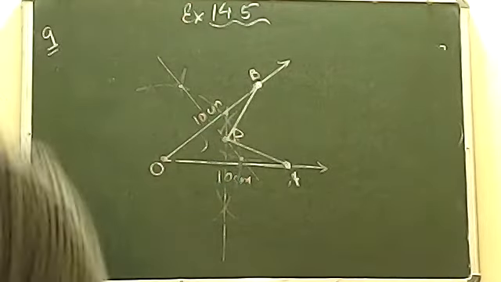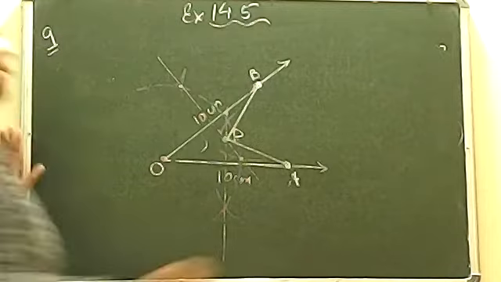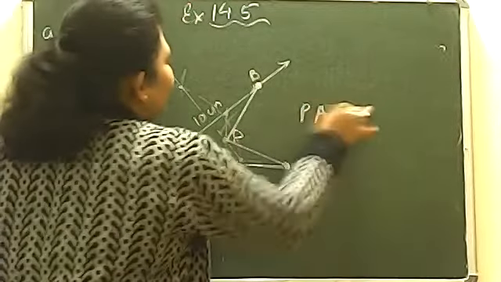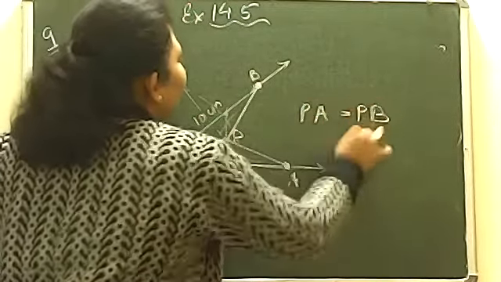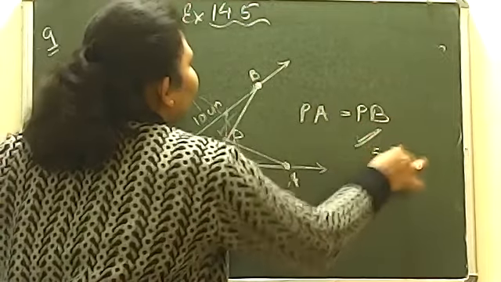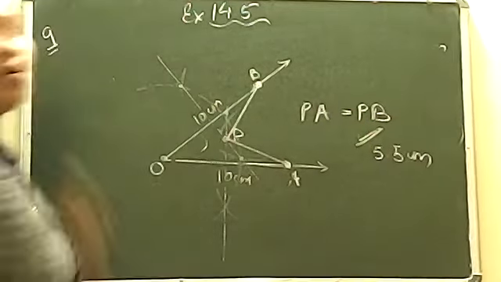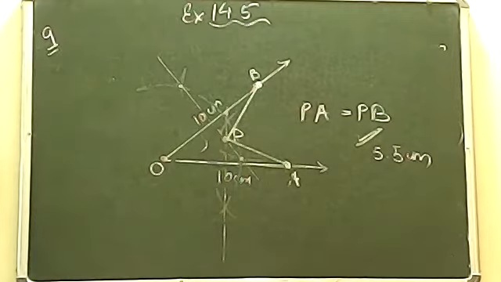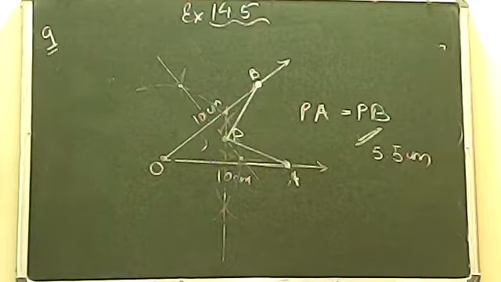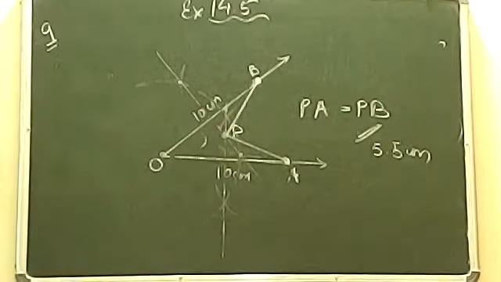In my figure, PA and PB both are equal, 5.5 centimeter. Now you also check in your figure, is it equal or not? If it is equal, you have done everything right.